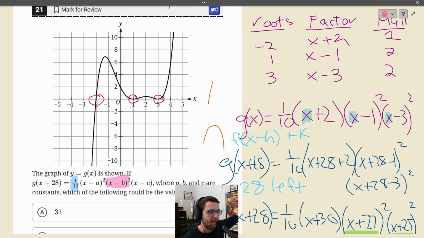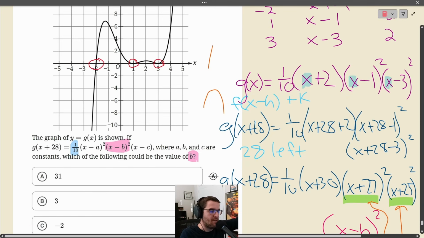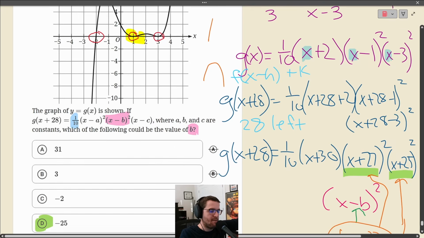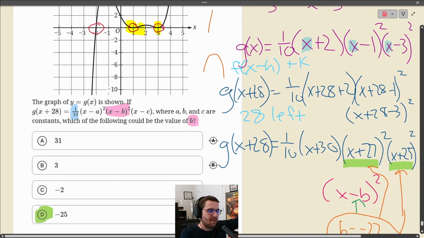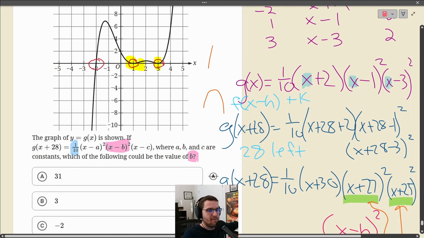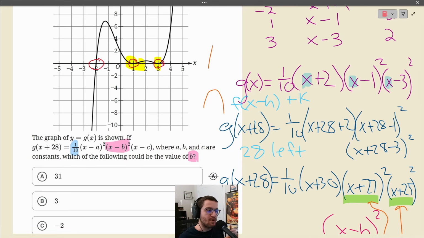Just subtract 28 from them. And you see if you do 1 minus 28, that's negative 27. And if you do 3 minus 28, that's negative 25. That's because they wrote it in the factored form. So those numbers, when you take away the 28, give you the x-intercept. So you could have just done that from the very beginning. You could have just gone and done the 1 and 3 and said, okay, we're moving 28 left, so let me move them 28 that way.